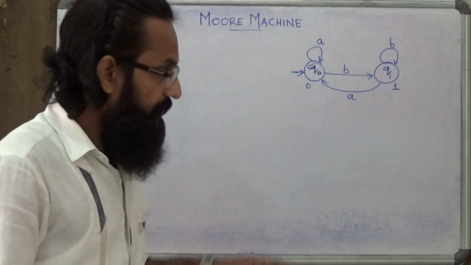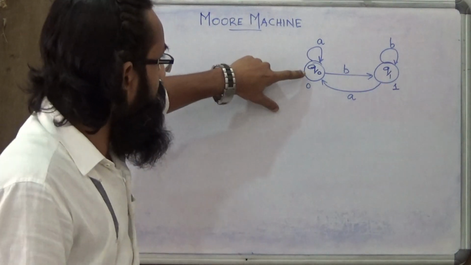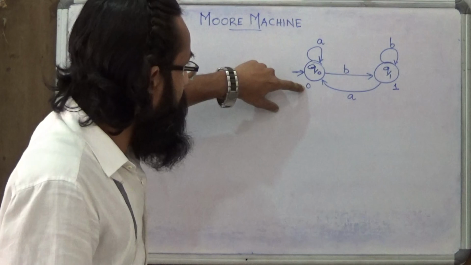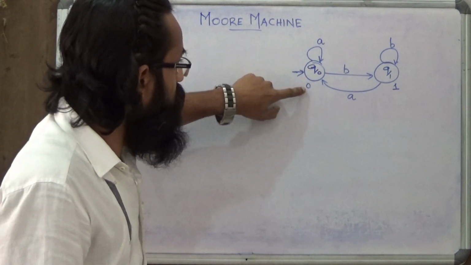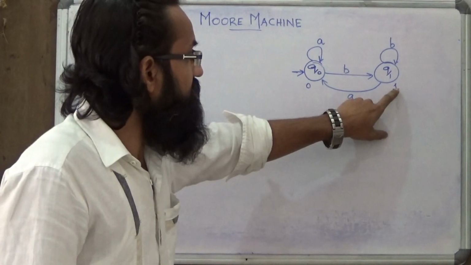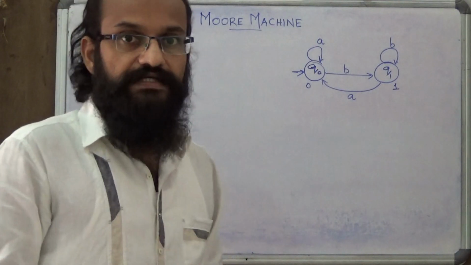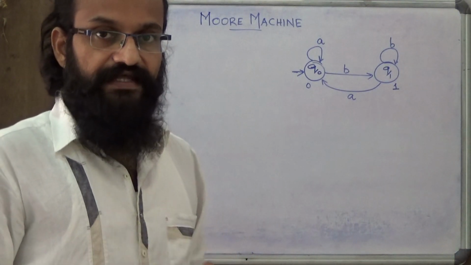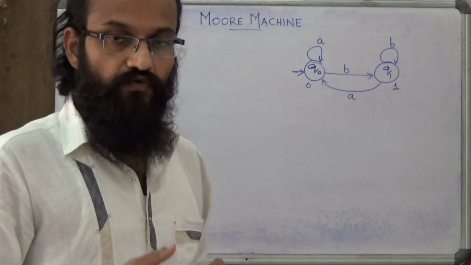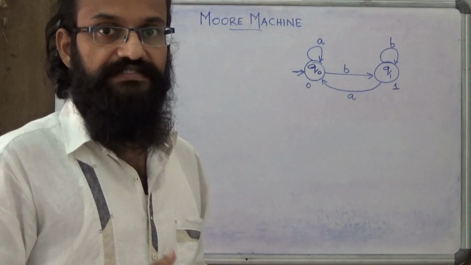So if we analyze this particular model, it is clear that associated to each state there exists an output. If we consider Q0, 0 is the output associated with Q0. 1 is the output associated with Q1. So Moore machine is a finite automata generating output in which output is associated to each and every state.